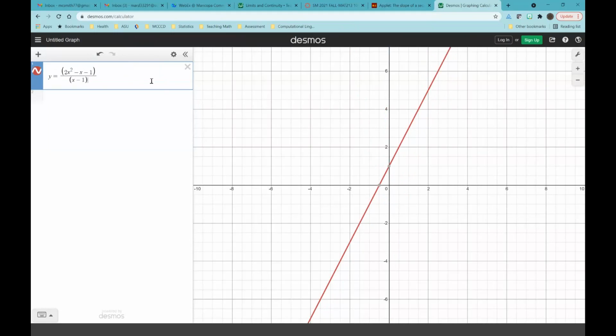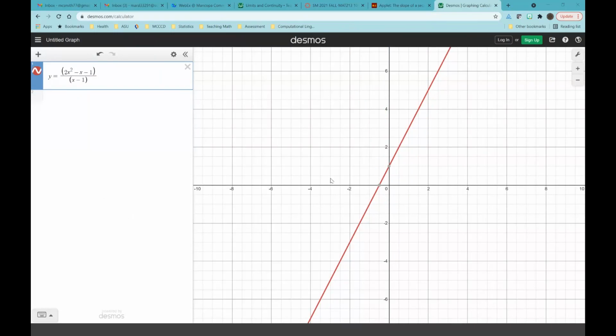Now everybody's looking at it saying, hey, it looks like a straight line. This isn't a linear function and it's not a quadratic function. You might remember it as being a rational function. Rational comes from the word ratio, which means one expression in the numerator divided by one in the denominator.